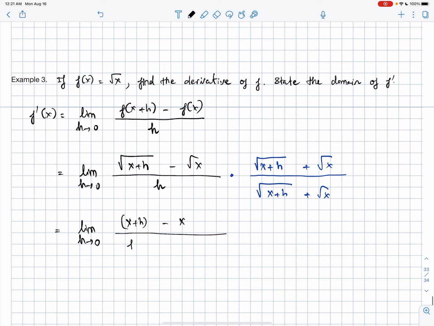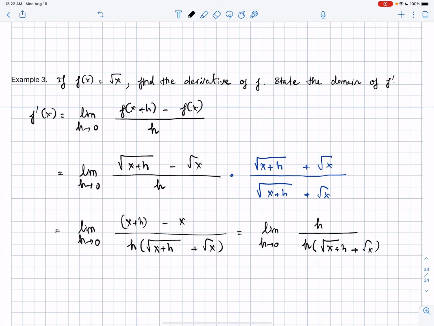In the bottom, we have h times the square root of x plus h plus square root of x. For the top, we open parentheses and combine like terms, so the x will cancel out, and we're left with h only. In the bottom, we have the h, if you notice.